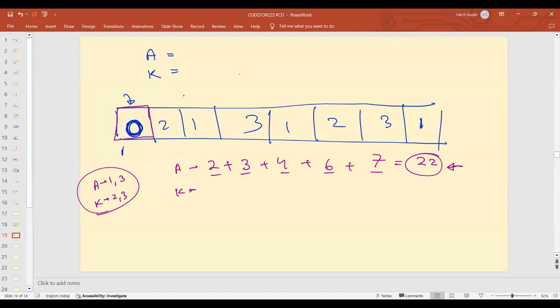Similarly, score of crypto, it will be 1 plus 3 plus 5 plus 6. What will it be? 15, right?